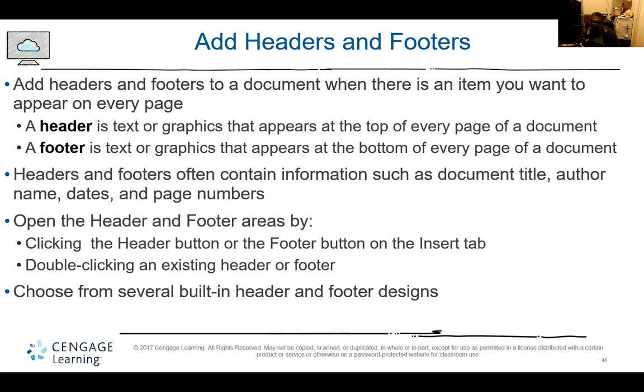Headers and footers often contain information such as document titles, author name, dates, page numbers, that sort of thing. Open the header and footer areas by clicking the Header button or the Footer button on the Insert tab, or double-clicking an existing header or footer, and choosing from several built-in header and footer designs.